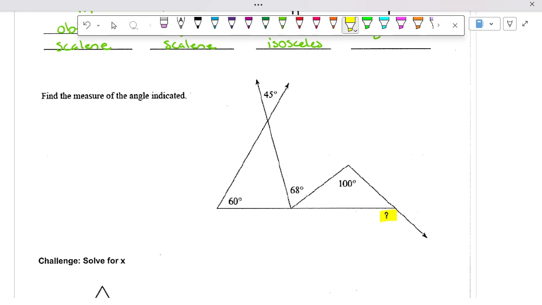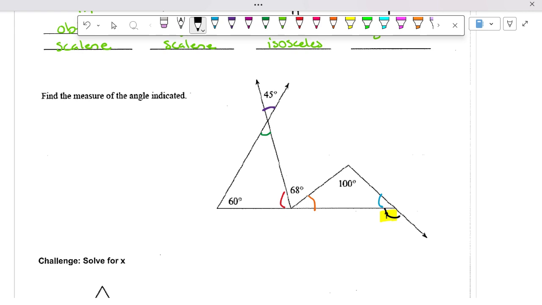All right, so these are all the different angles that we could possibly find. Now I told you to start with the purple one, which is that 45-degree angle.